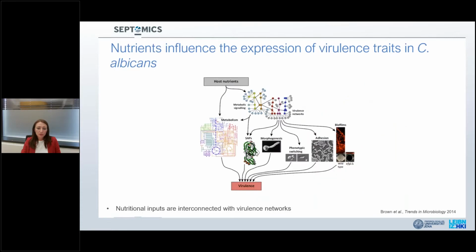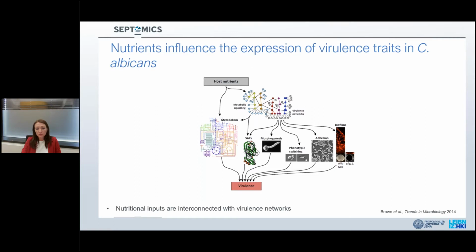Many pathogenic microorganisms possess such metabolic flexibility that is important not only for survival and growth, but also for stress and antimicrobial drug resistance, for immune avoidance, and for the expression of virulence characteristics. And Candida albicans is also one of those.